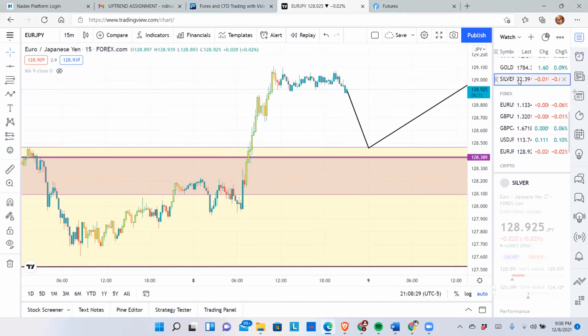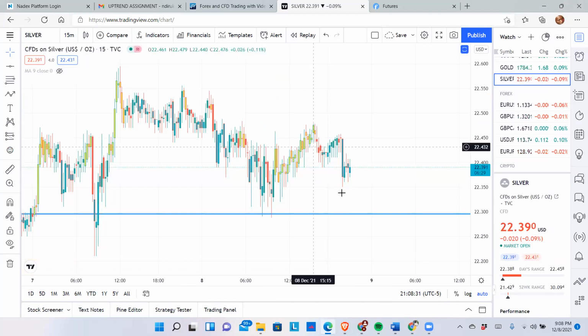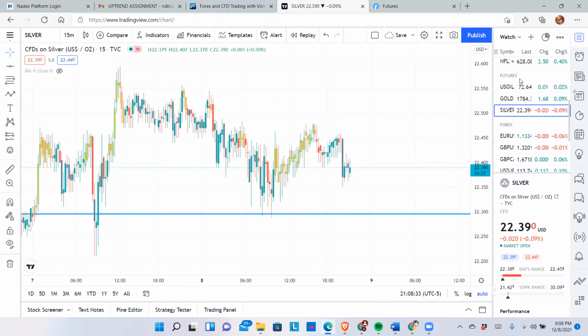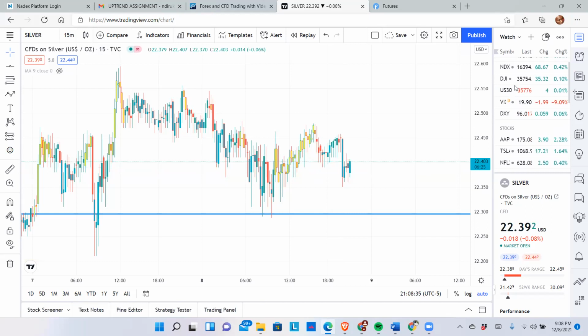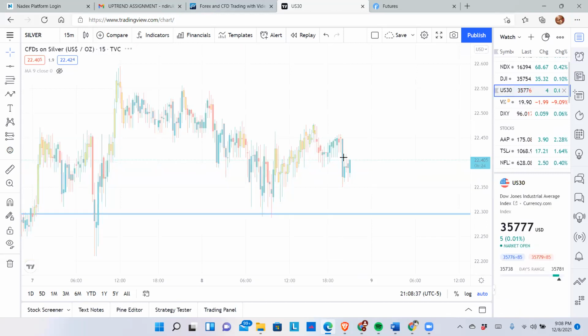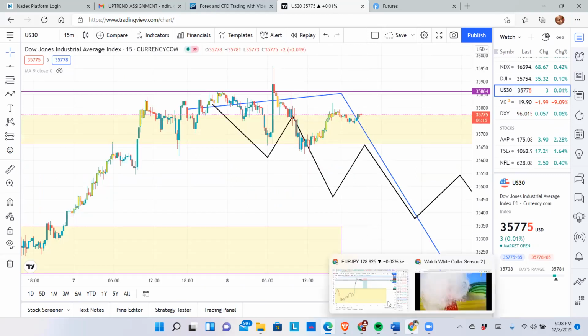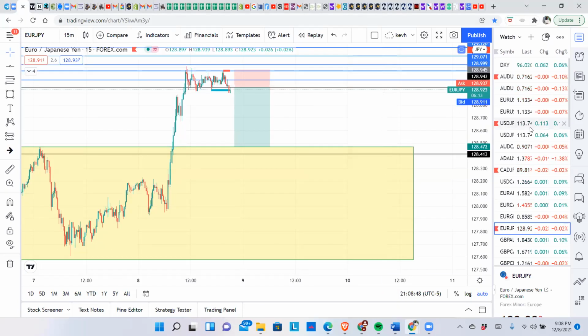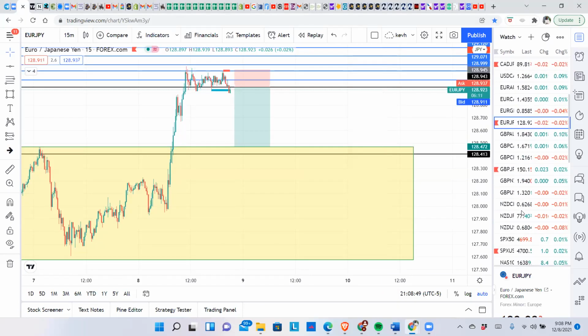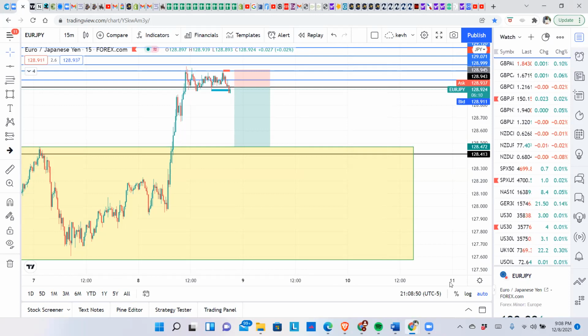With silver, we already have our trades analyzed. You just have to pay attention to what's going on and catch your trades. I'll be waiting for US 30. Once it's ready to sell, I'm obviously going to jump in. Anyone with any question?